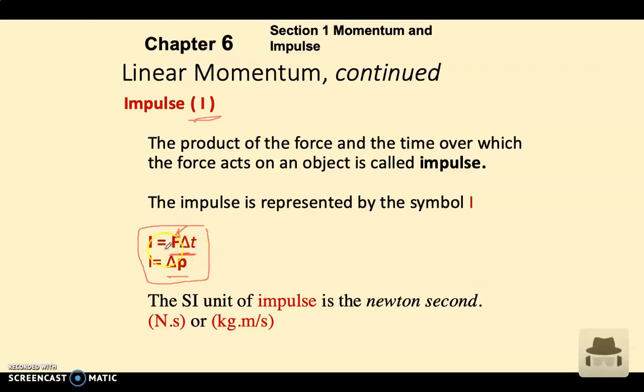Force times time, this is the impulse. At the beginning, the car was moving. It has momentum, a specific velocity. You bring the car to a stop, so its momentum becomes zero. So you have a change in momentum. That's why impulse has two definitions. It's force times time and change in momentum.